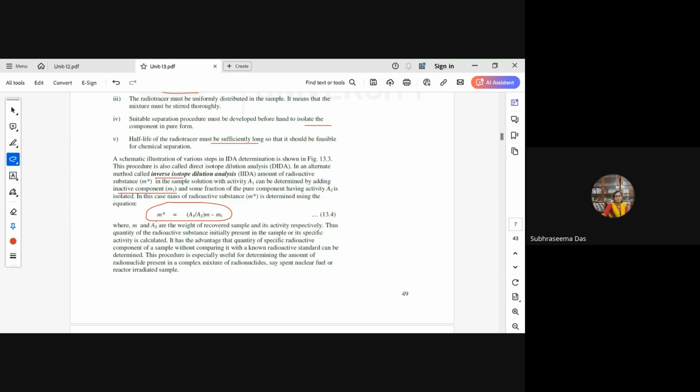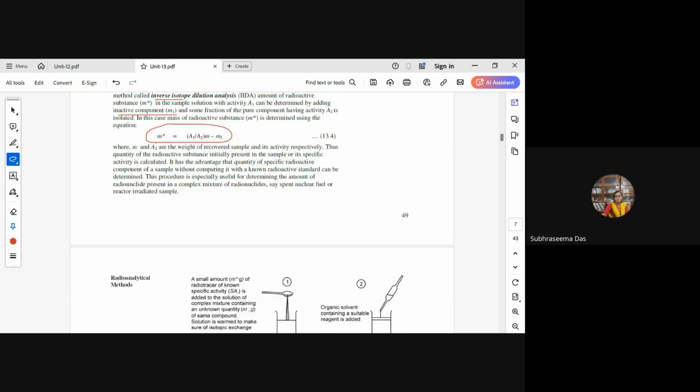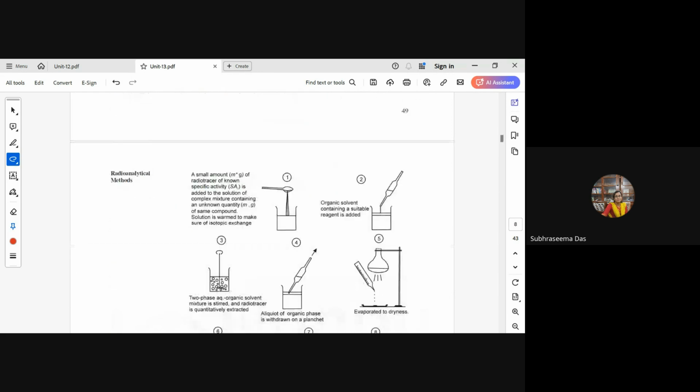This reverse isotopic dilution analysis is particularly useful for determining the amount of a radionuclide present in a complex mixture of radionuclides.